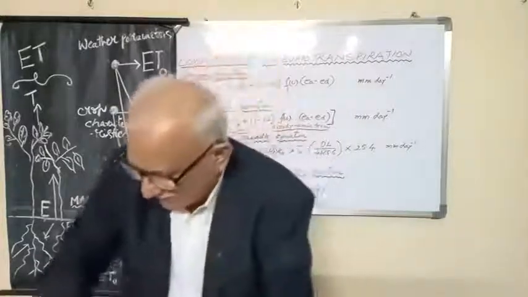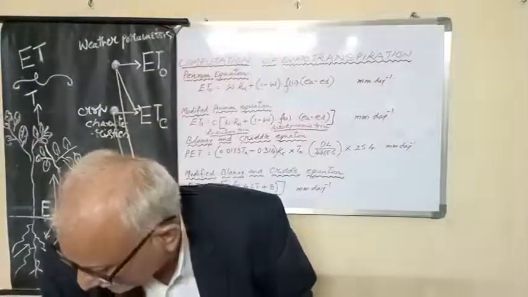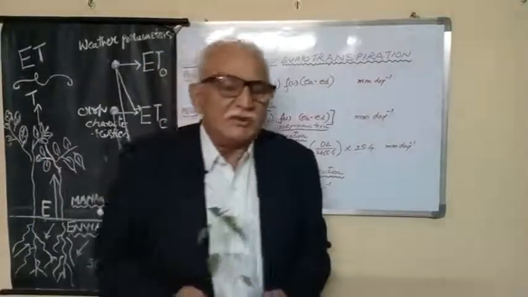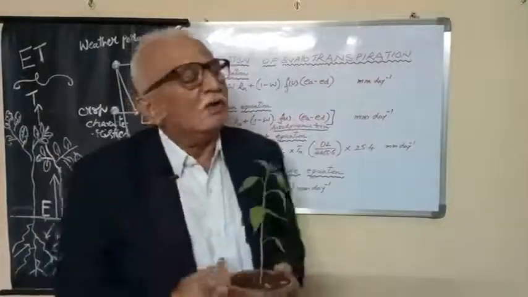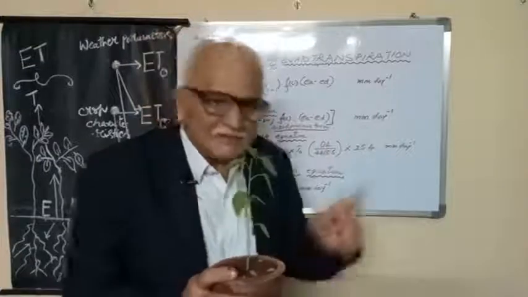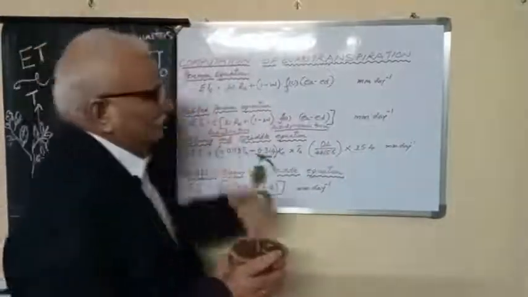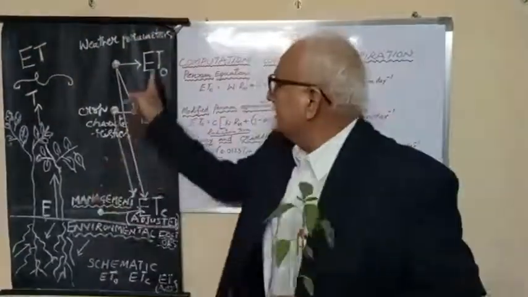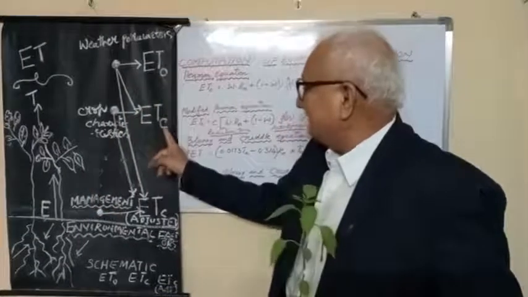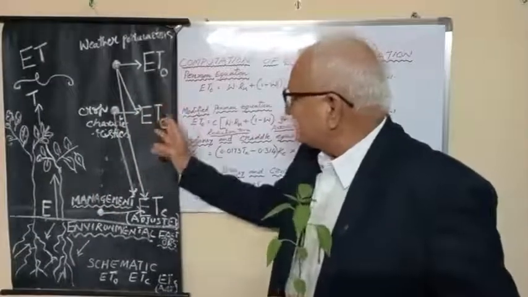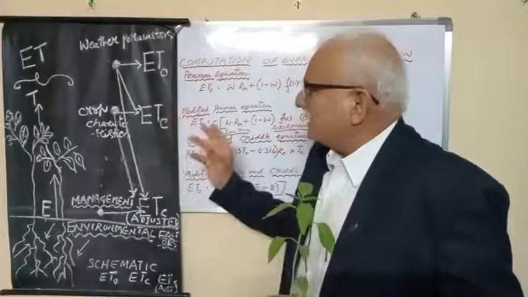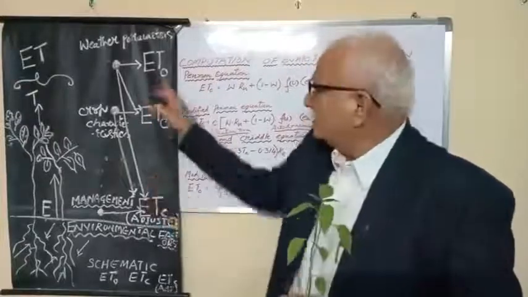Now, as far as the crops are concerned, we should concentrate on only two terms, not a third term. First one is ETo. This is what I would like to impress upon you. ETo. Second term is ETc. As far as agrometeorologists are concerned, only these two terms matter.